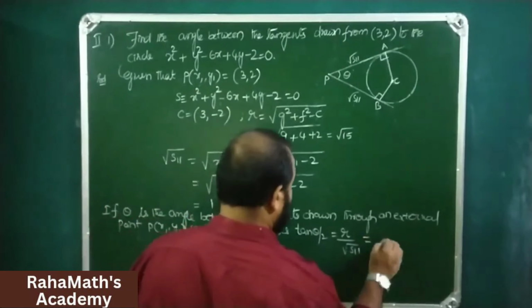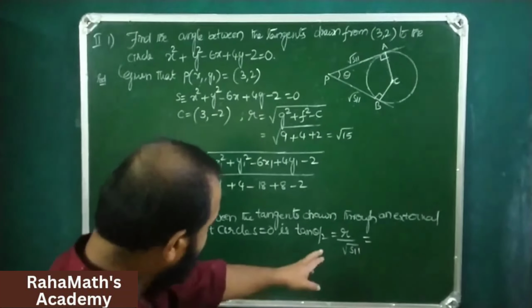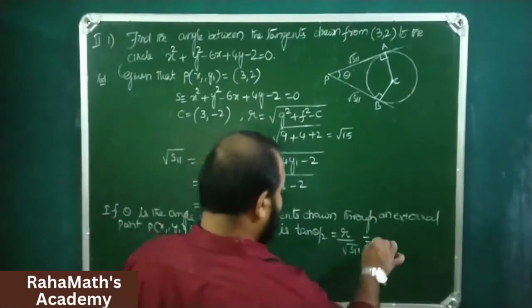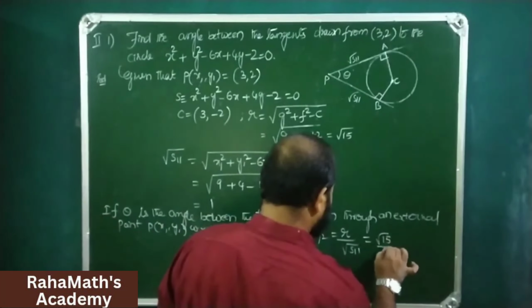So that is equal to the radius, root 15, S11 is 1.